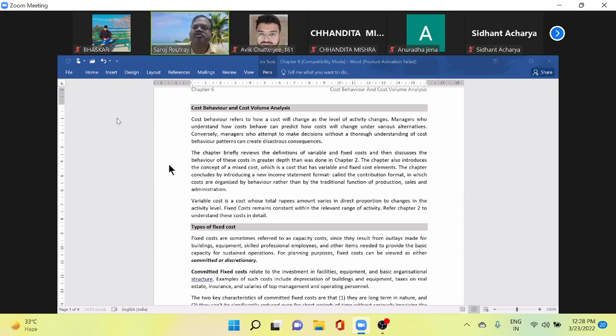Okay, so this cost behavior and cost volume analysis deals with first to understand the different behavior of cost. Different costs behave in different ways.